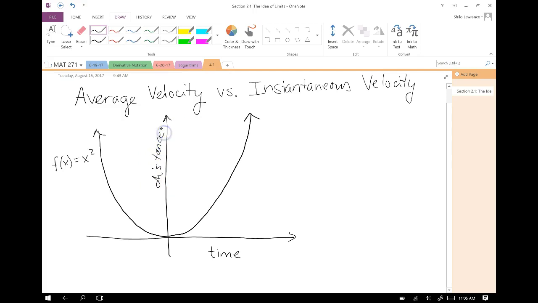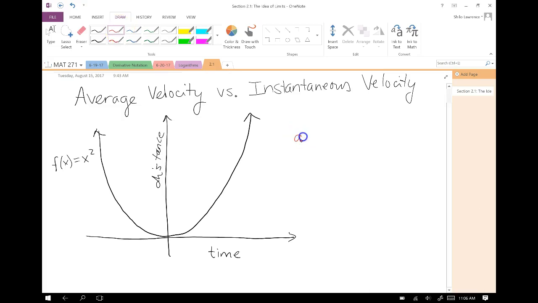So we're keeping track of how far we've traveled over time. To calculate average velocity, throughout this problem, what I want you to keep in mind is if you were driving somewhere, if you were to compute your average velocity, you would determine how long it took you to get somewhere and what the total number of miles were that you drove.